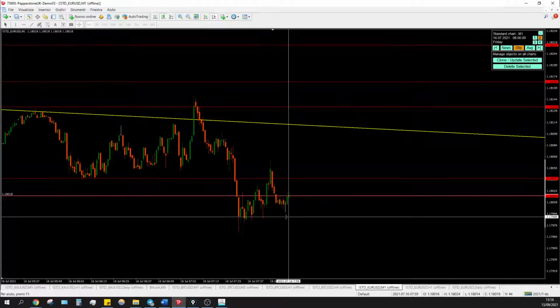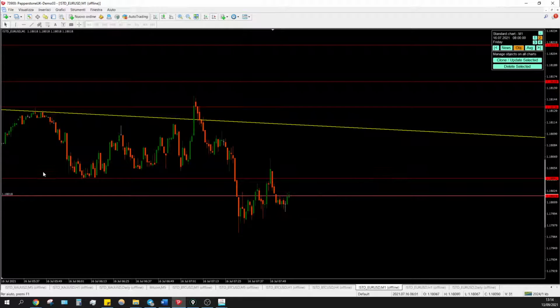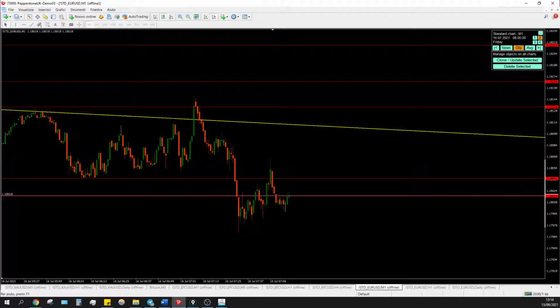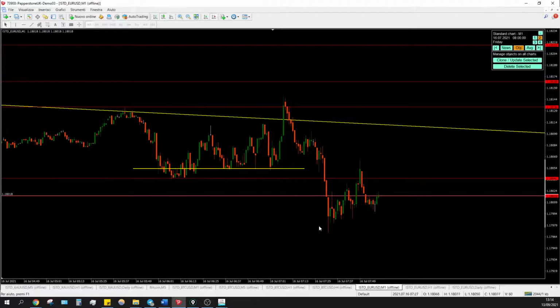London session. We are making new lower highs, but we are finding some resistance here at these previous lows on the left hand side, where we can take safer buys, safer sells only below here.